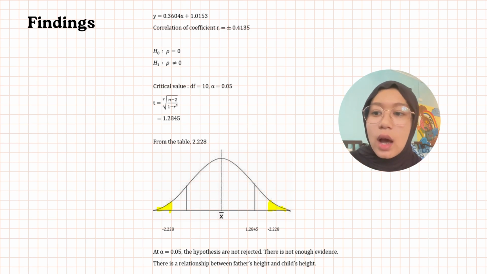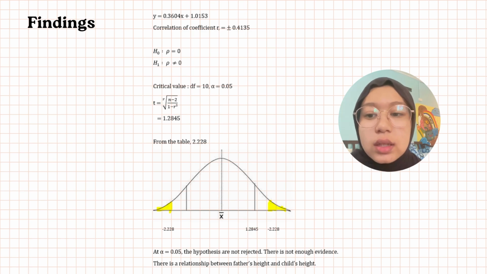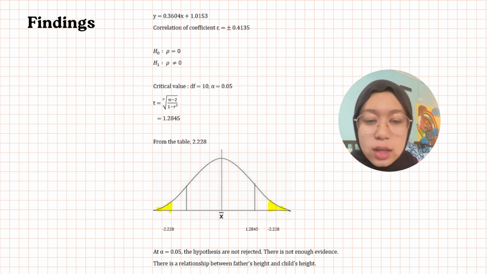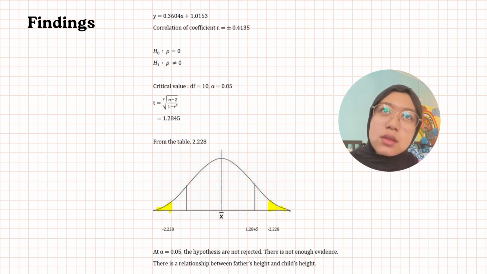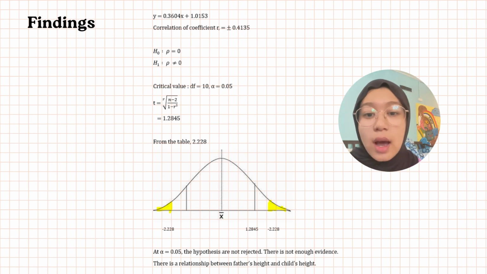So at alpha equal to 0.05, the null hypothesis is not rejected and there is not enough evidence. So there is a relationship between father's height and child's height. This means the father's height can influence the child's height.